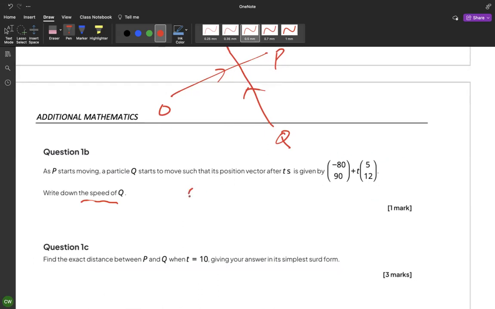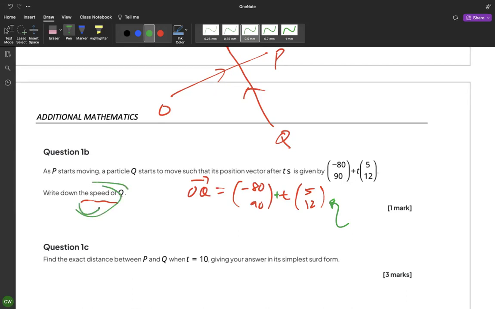The position vector for Q is this starting point plus t times the velocity. Do you know what this represents? What is the equation again? Starting point plus time times velocity, right? How do you get the speed from velocity? Speed and velocity, are they the same or not?